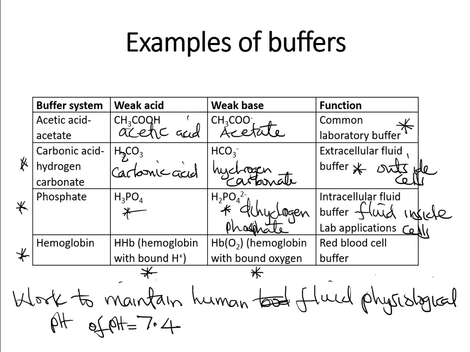So pH is equal to 7.4. That is the physiological pH that all these buffers are going to maintain in the body.